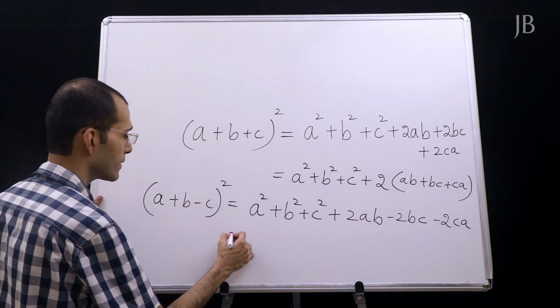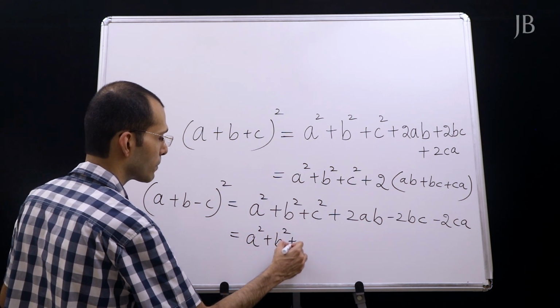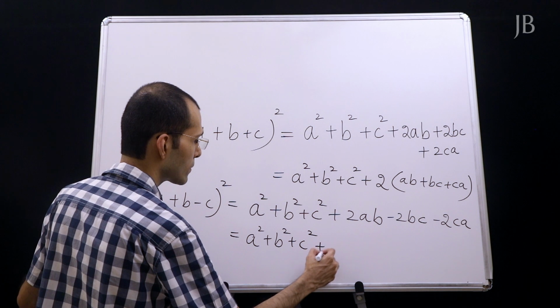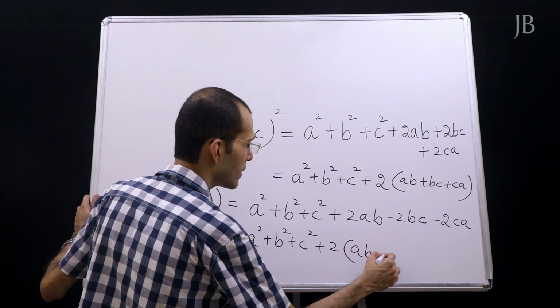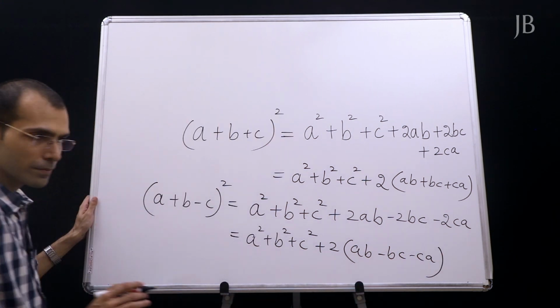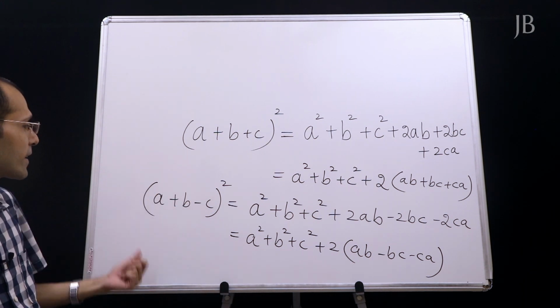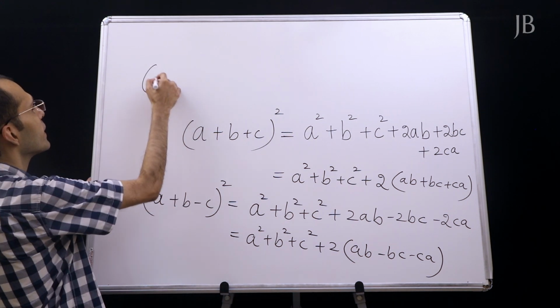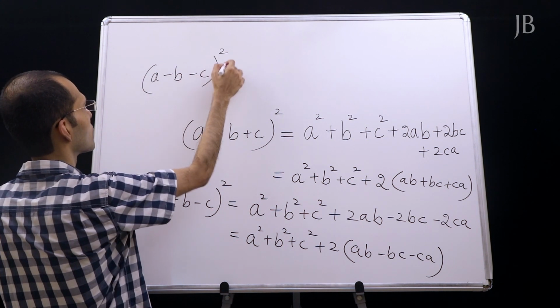Let's refine this. a square plus b square plus c square plus 2 we can take common. Now we will get (ab − bc − ca). Simple.